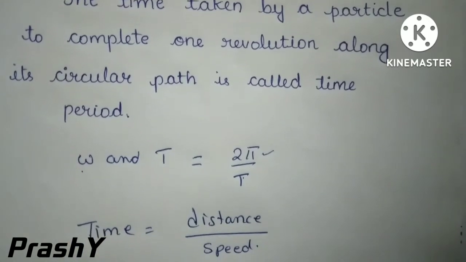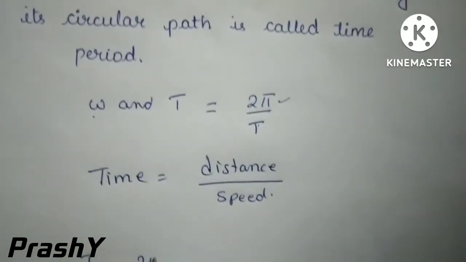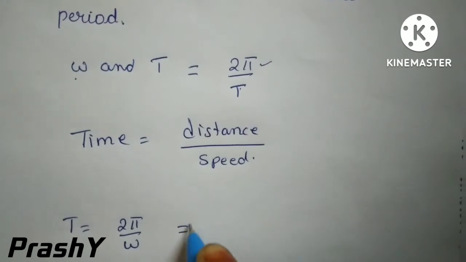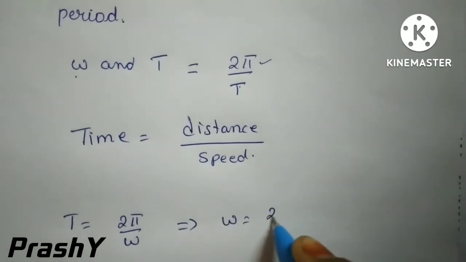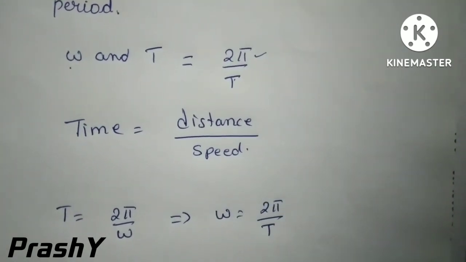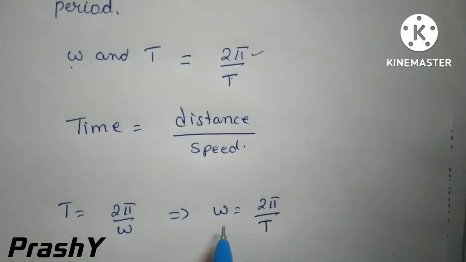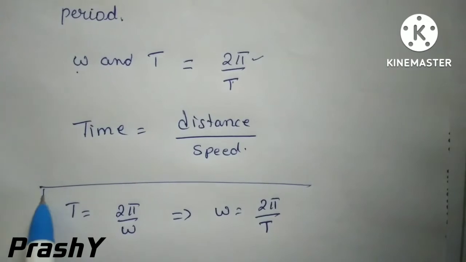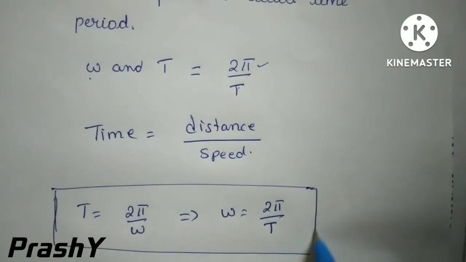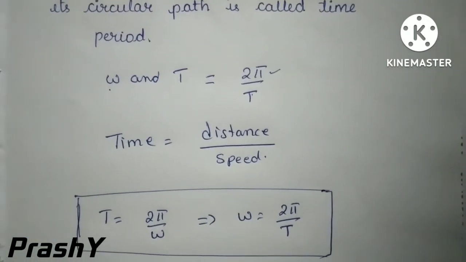So let us write the relation: T is equal to 2 pi by omega. From here we can write omega is equal to 2 pi by T. So this is the relation between time period and omega. Omega is nothing but the average angular velocity.